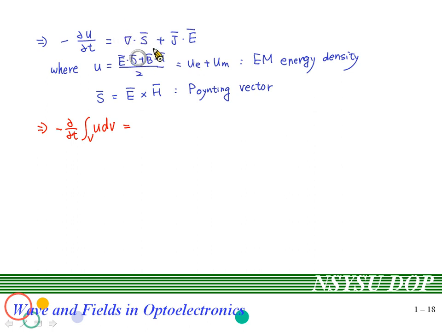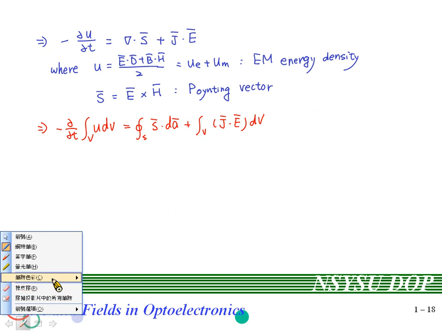And first one, we perform the volume integral of divergence S. But according to the divergence theorem, this will be equal to the total outward flux of the S field across the surface S, which encloses the volume. And for the second term, it will be the volume integral of J dot E.